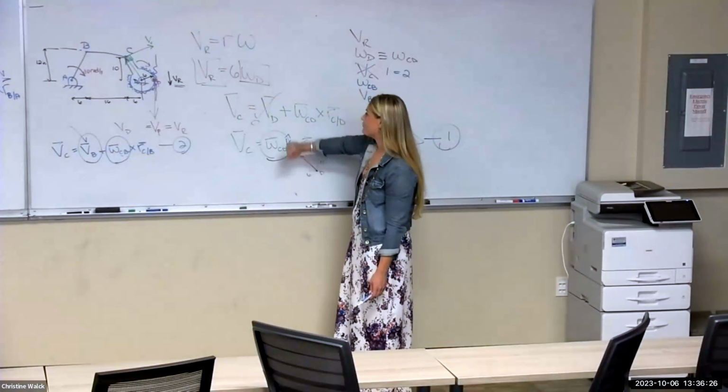That means that I cannot write the equation VA equals VC plus omega AC cross R of A with respect to C. This is absolutely not allowed. It is not legal. Don't even do it. It's because C and A are points on two separate rigid bodies, okay? So we cannot use this method for that.